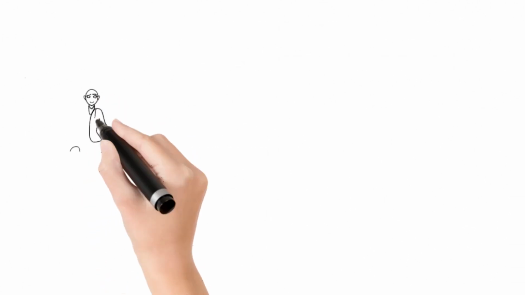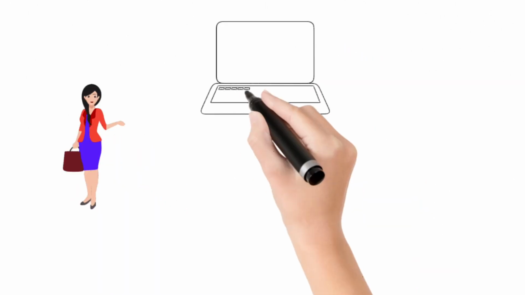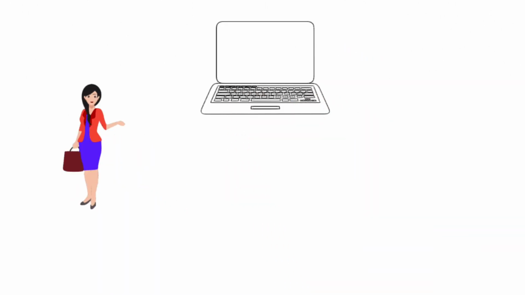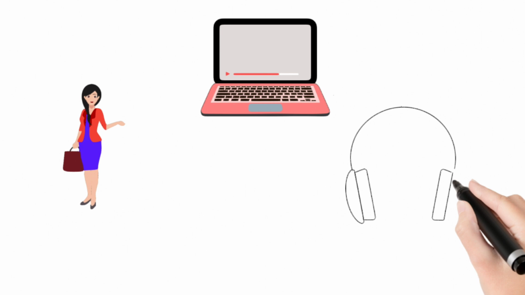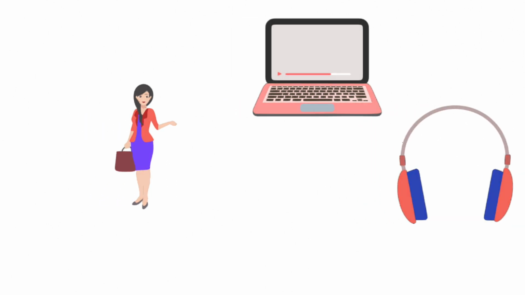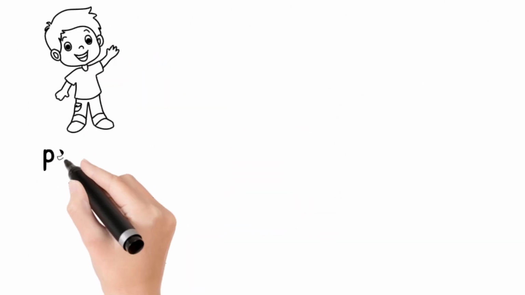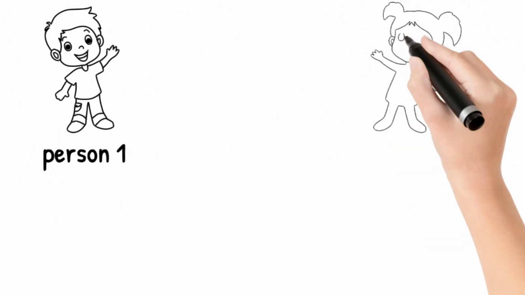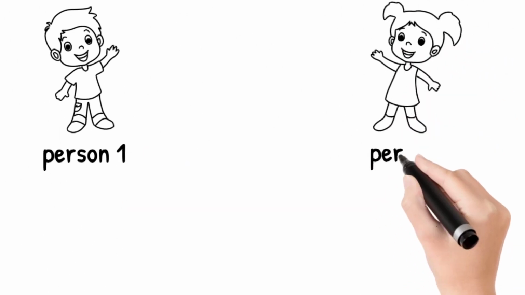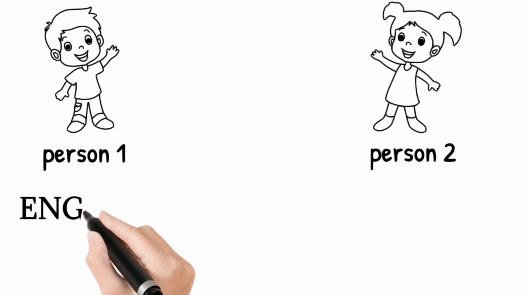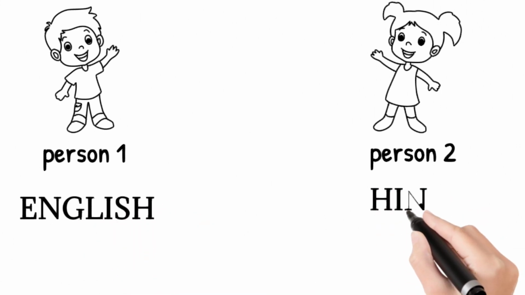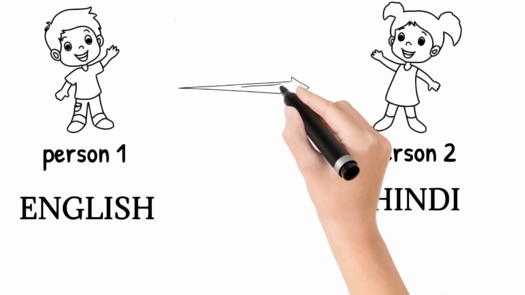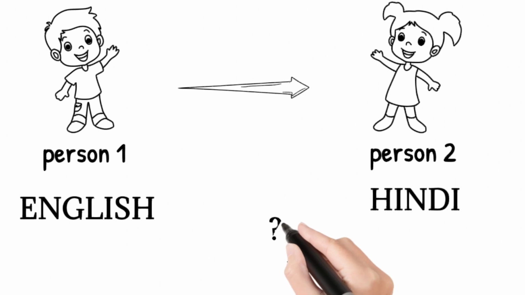Now, I would like to explain the situation we have with the computer in terms of communication with an example. For example, there is a person 1 and one more person 2. Person 1 only knows how to speak English, whereas person 2 only understands Hindi. What if person 1 wants to communicate with person 2?